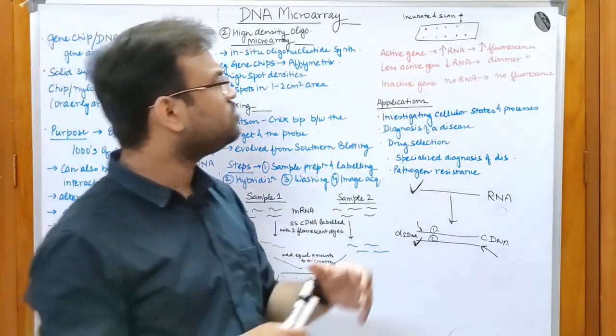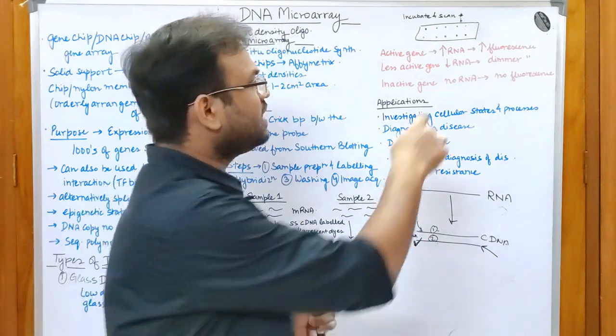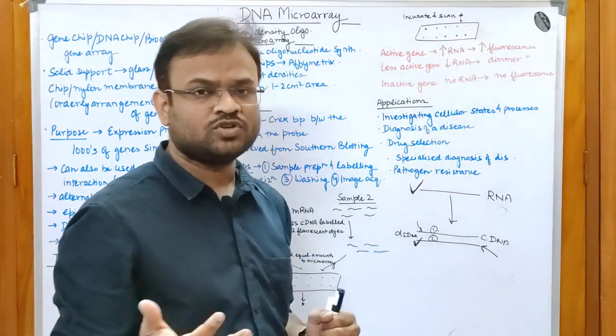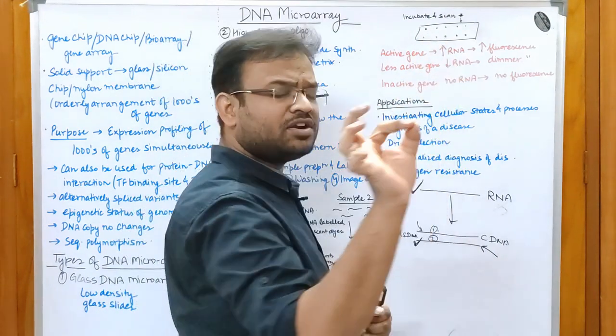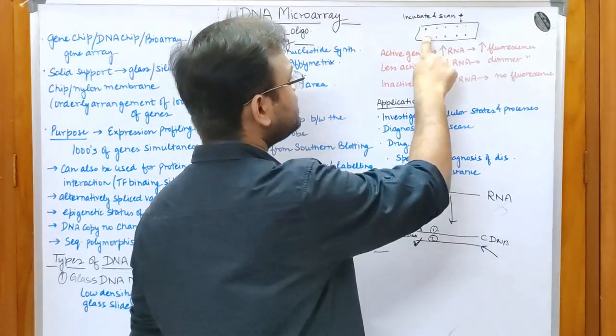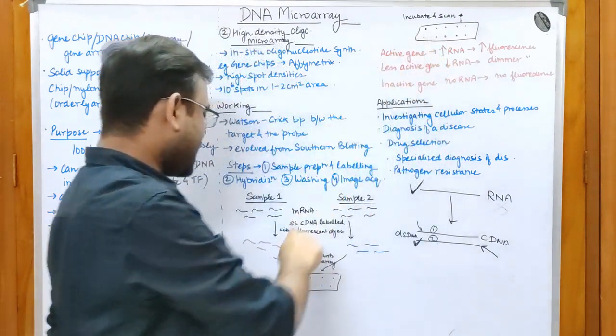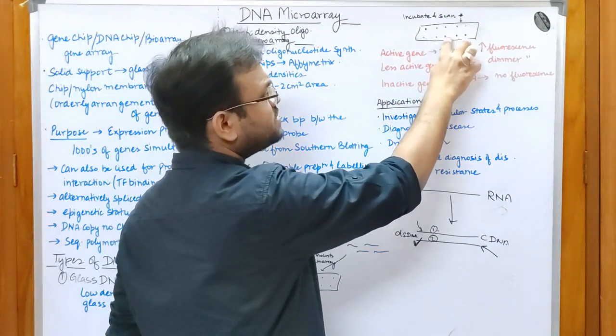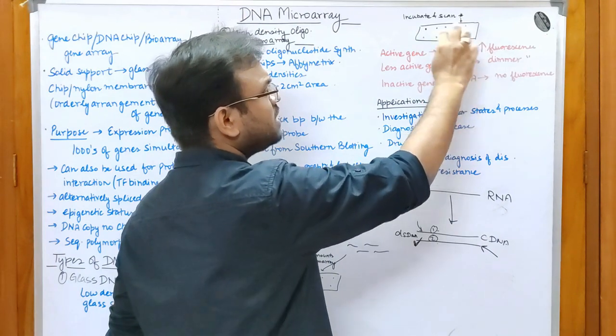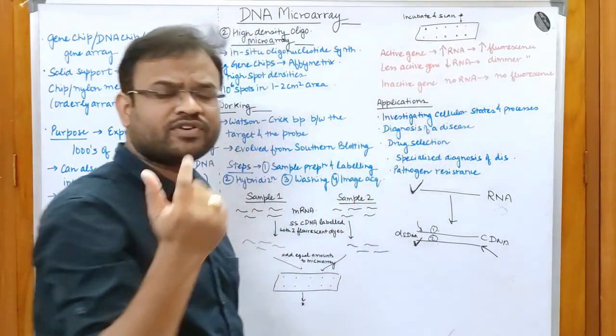After incubation, when you come the next day and scan and take an image, you would see that certain dots or genes are still black in color, certain genes have turned red, certain genes have turned blue, and certain genes are a mixture of red and blue.